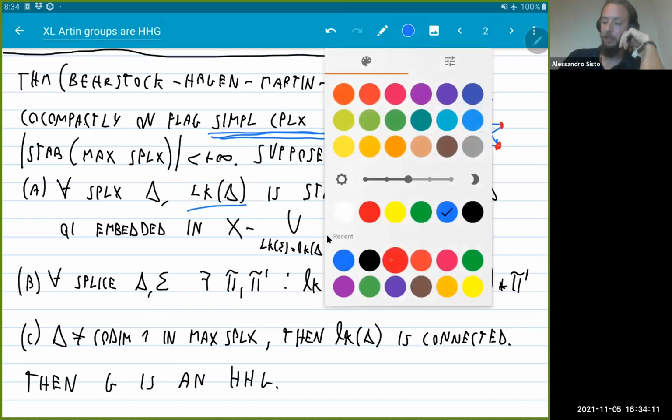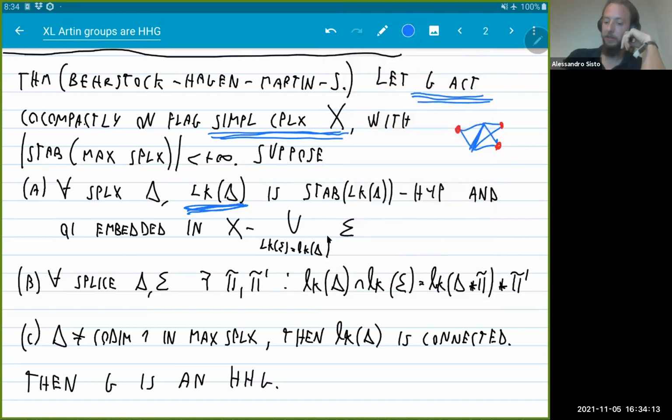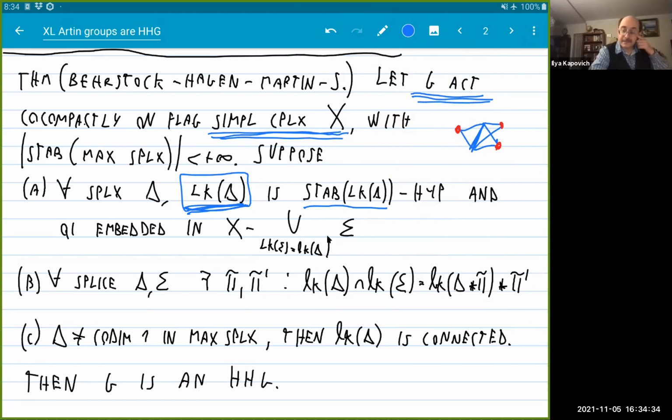So you take the link. Yes. Okay. And then you add finitely many. So possibly you have to add finitely many sub-link orbits of edges to the link, but then you get something hyperbolic. Okay.